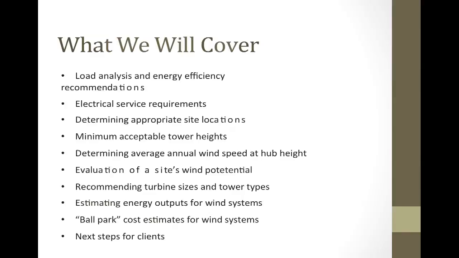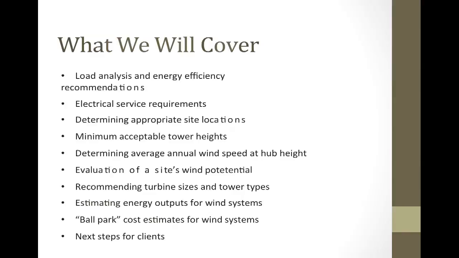Next, we have to look at the property itself. We have to figure out where on the property we could put it. We'll have to figure out how high we should put them, and there are some minimum acceptable tower heights. In different regions of the country, you can get by with smaller ones. In other regions, you'll need taller ones.